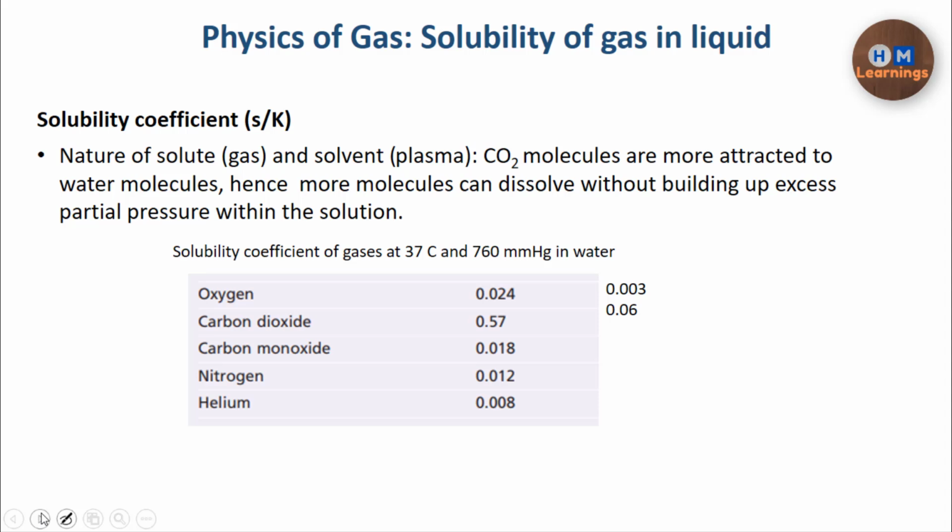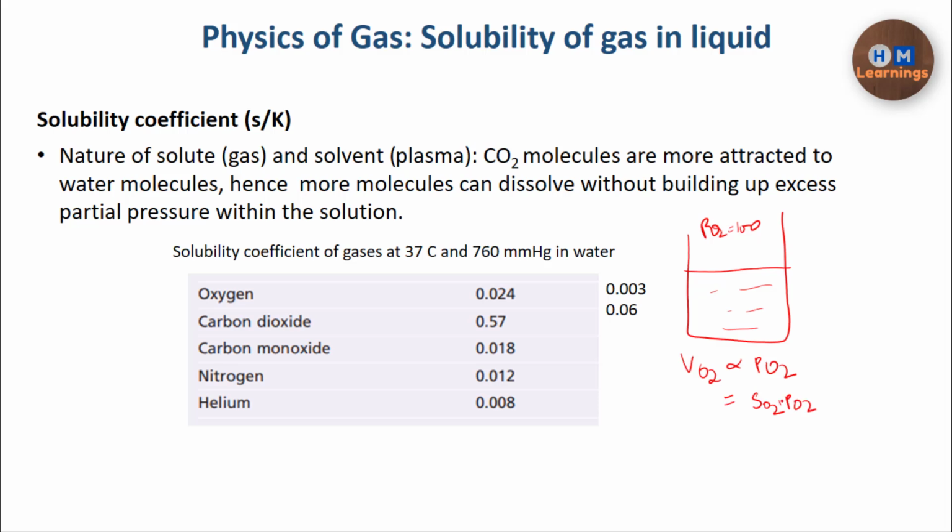Let's understand one more concept which we forgot to discuss in Henry's law. As we have discussed, PO2 is 100 mmHg, and therefore the amount of oxygen dissolved will be directly proportional to the PO2 in the gaseous form. That is Henry's law, and then it is replaced by the solubility coefficient of oxygen, and then you can get the amount of oxygen in 100 ml of arterial blood.